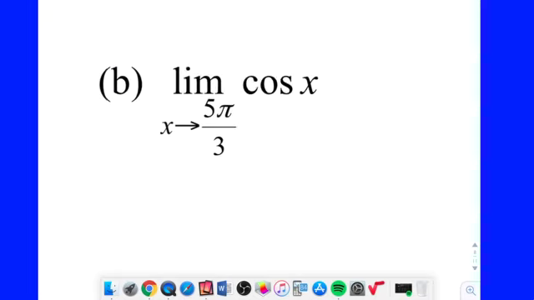All right, letter B. Here's a way I can quiz you on the unit circle without really making it a pre-calc question. Go ahead and figure that one out.